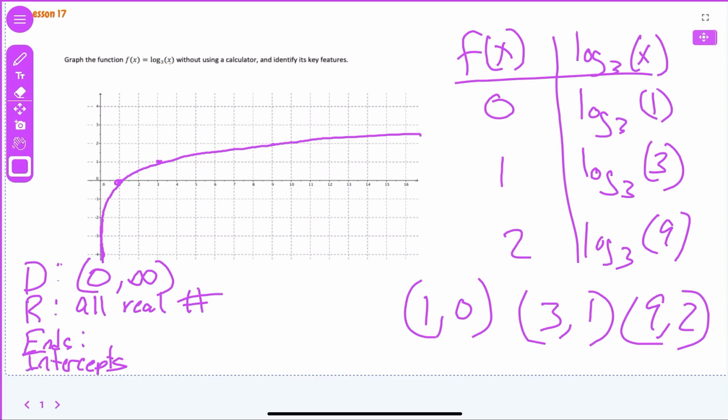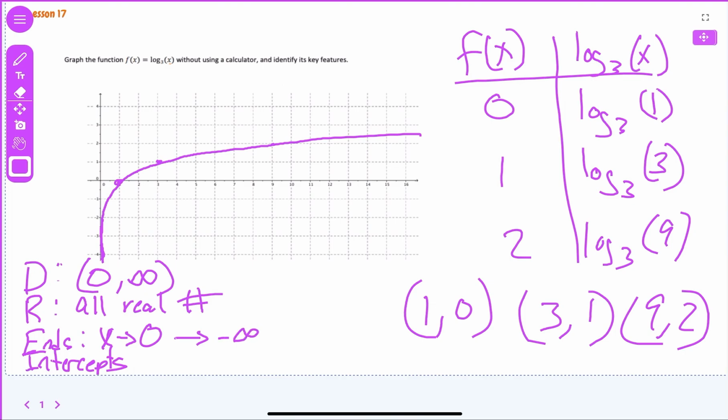So, end behaviors. So let's go as x approaches 0. What happens? Y approaches what? Negative infinity. I just said that. Okay.